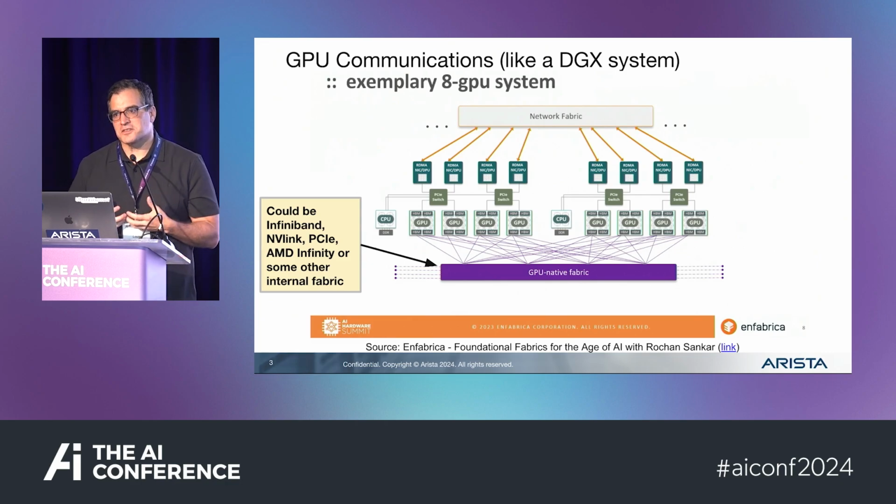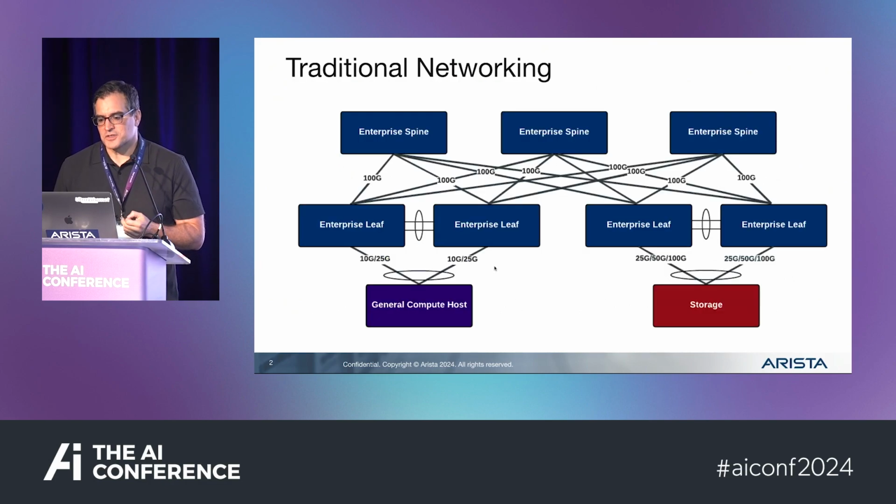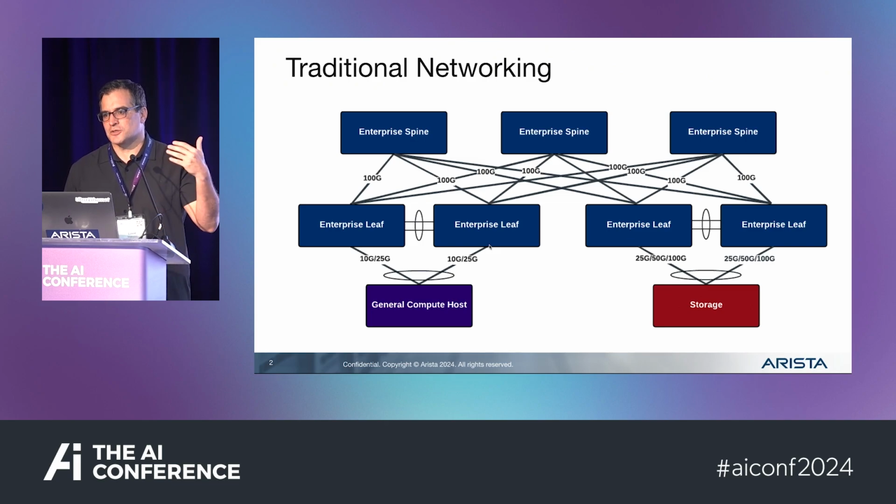So within the system, there's a native communication plane between those GPUs. But when you need to talk GPU to GPU outside of the system, that's where you have those northbound interface ports. And so, going back to the traditional network, you're talking about 10, 25 gig.